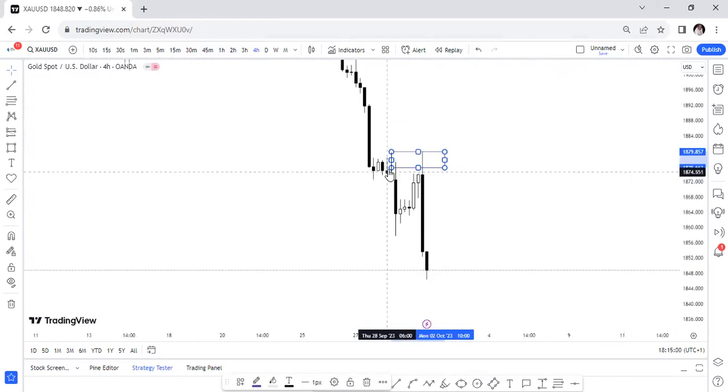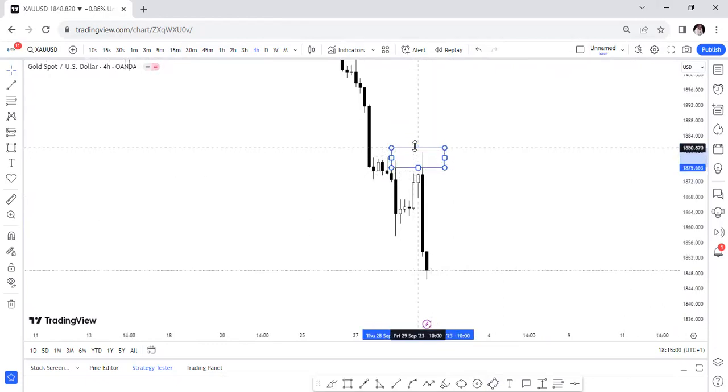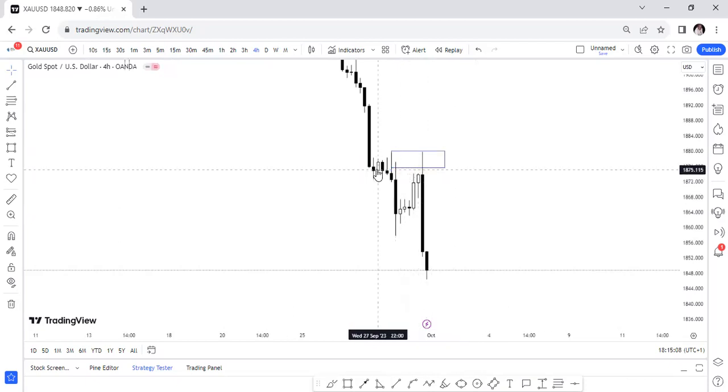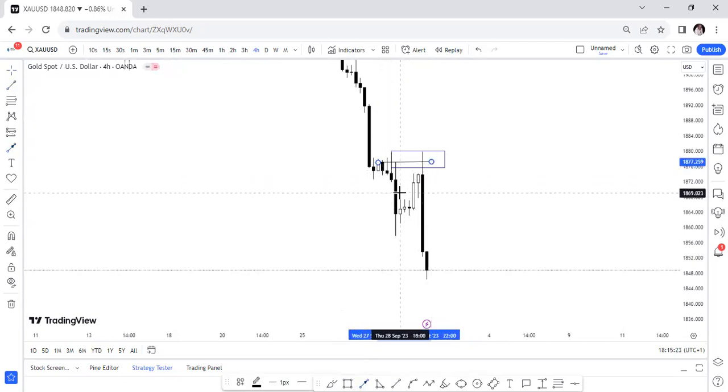You tap into this, an SNR within that higher time frame zone. This is the higher time frame zone that I got. It taps into this. We have many levels of SNR there. The price is taking advantage of the convergence. I told you that when you have multiple SNR levels converging at the same point, and price taps into it, it's a good signal.